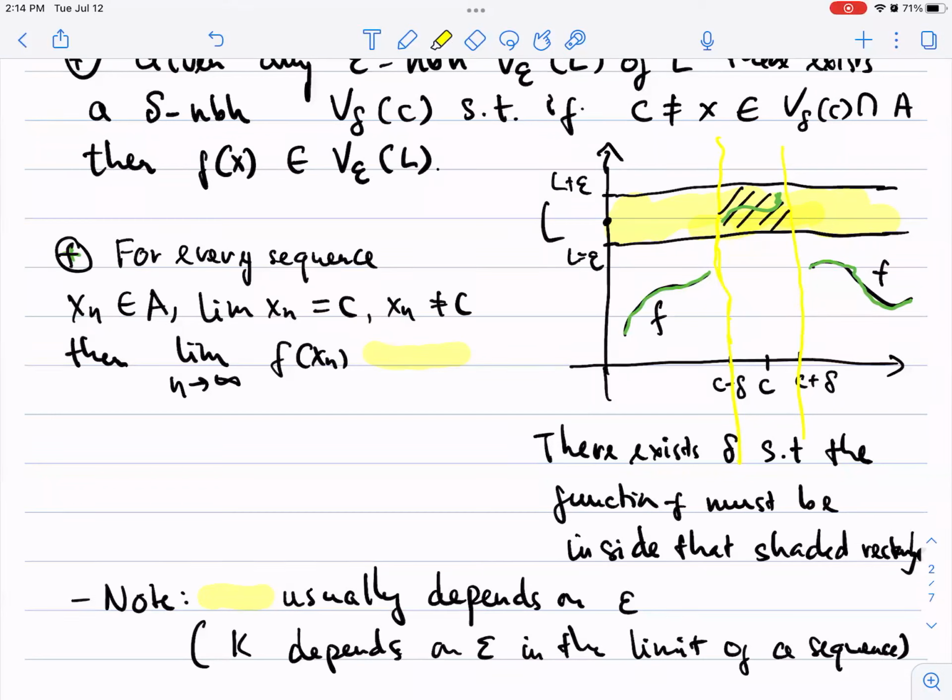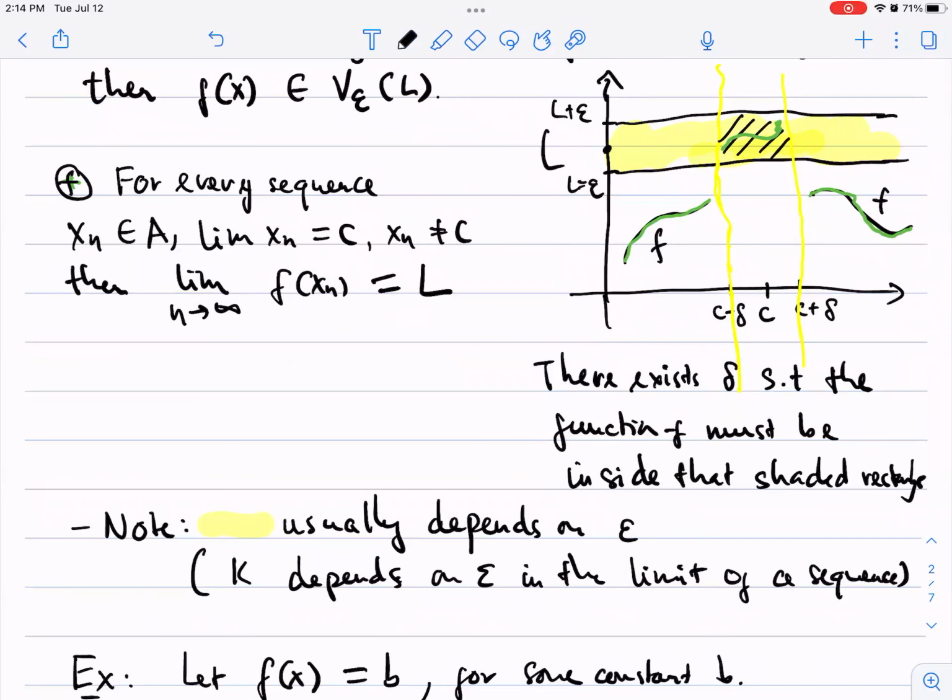For every sequence x_n in A, with the limit of x_n equal to c and x_n not equal to c, the limit of f(x_n) must be equal to L. So this is probably the statement that best explains the relation between the limit of a function and the limit of a sequence.